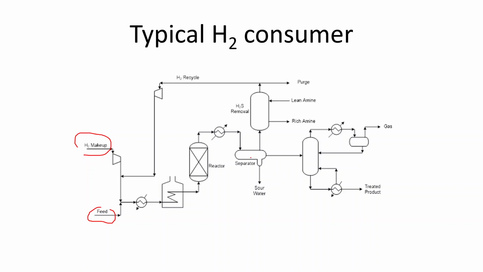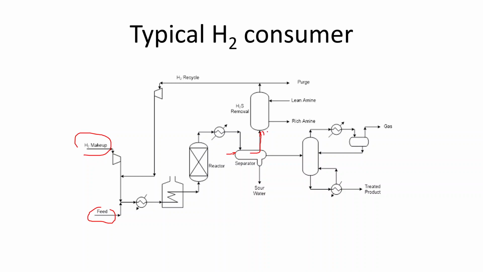This is what we call the high pressure separator. We have sour water, maybe also some wash water, and the light gases go up. That light gas contains lots of hydrogen, as we saw last time.